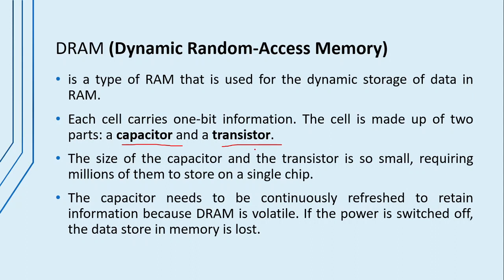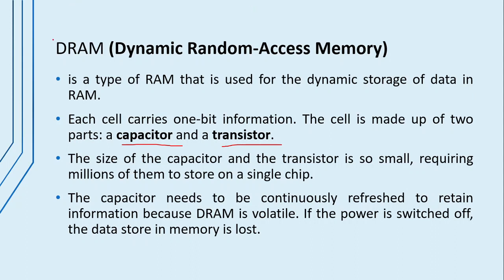The capacitor needs to be continuously refreshed to retain the information because dynamic RAM is volatile. So if the power is switched off, the data stored on this memory is lost.